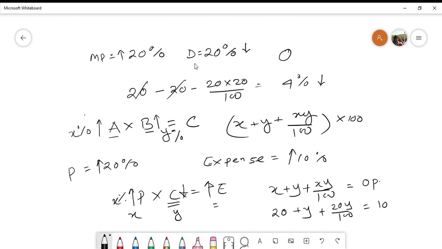So this was the successive percentage concept, which you can apply on questions where you have a product, and some part of the product is increased or decreased by a certain percentage, and you need to find by how much the other should be decreased or increased to keep this constant.